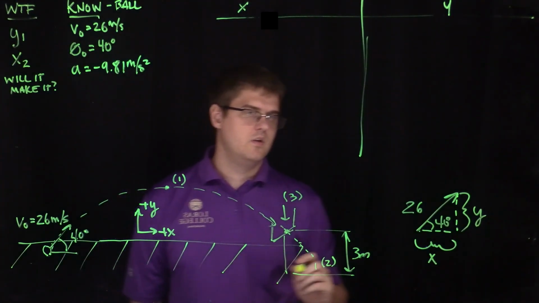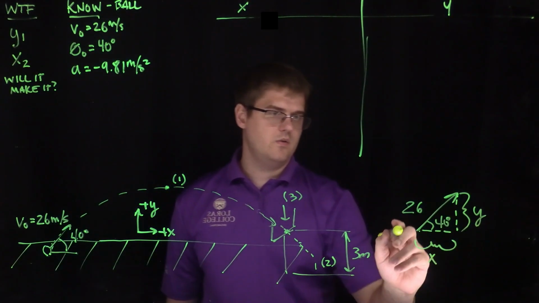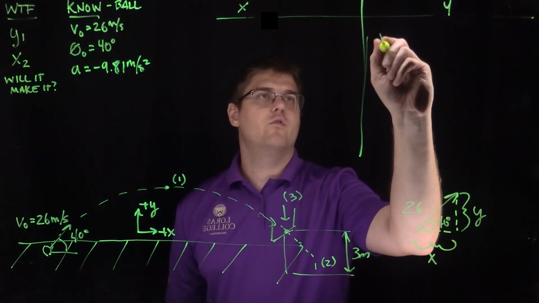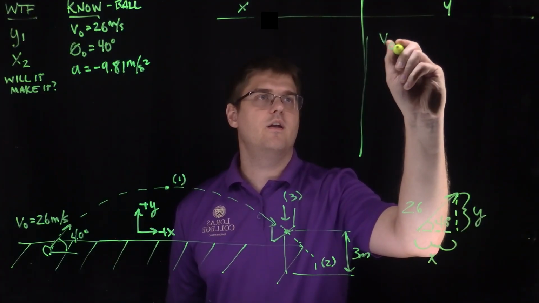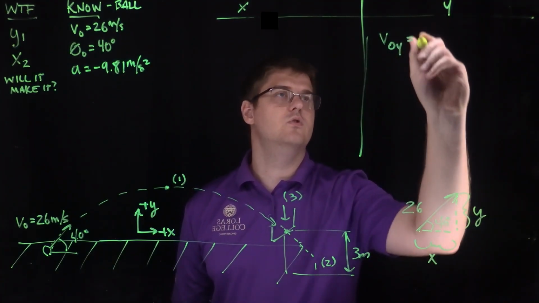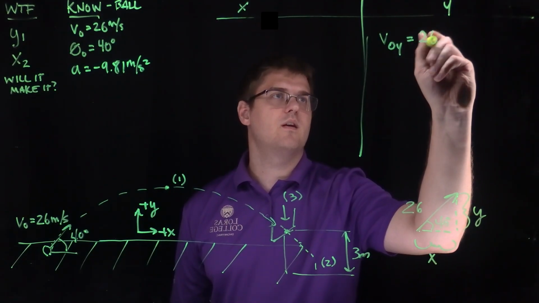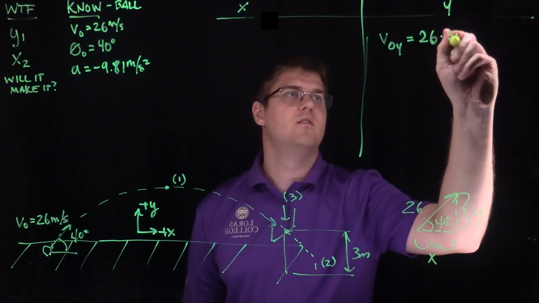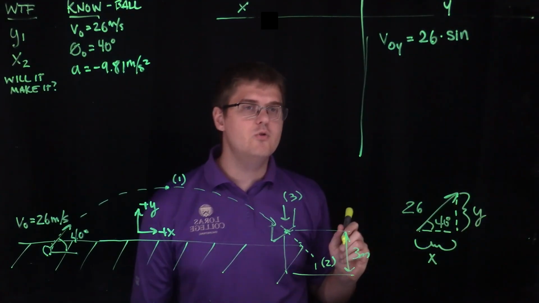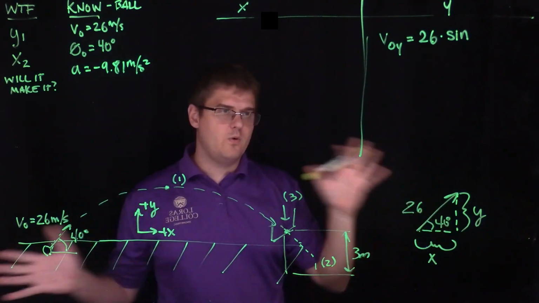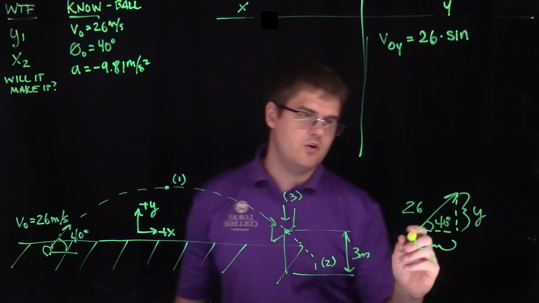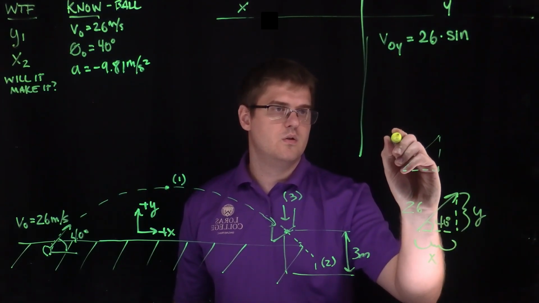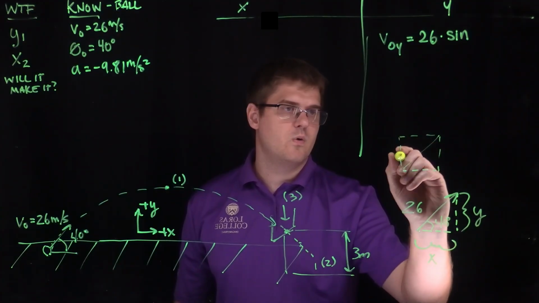Okay? So if I want my y, velocity naught in the y is going to be equal to 26 times, this is opposite, so this is going to be sine. Don't get too comfortable with, oh, y is always sine, x is always cosine. I could also give you something where I give you this angle.